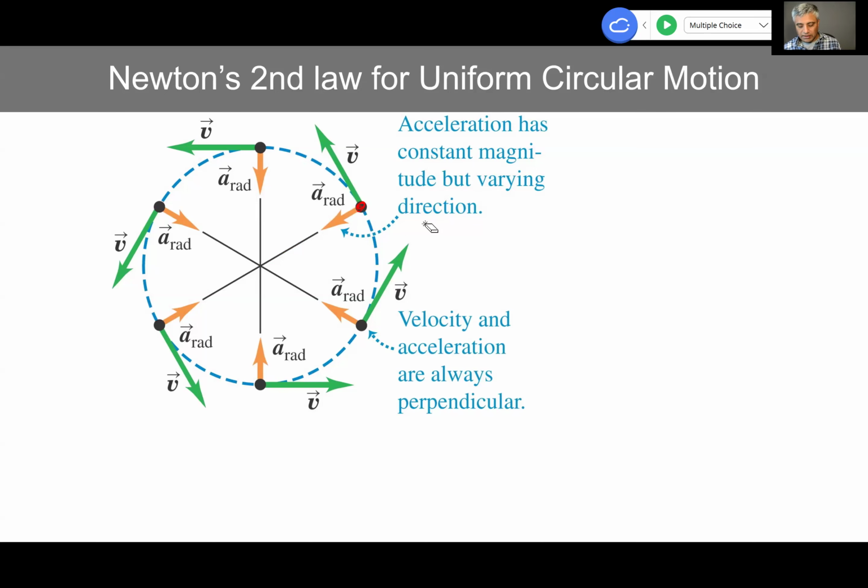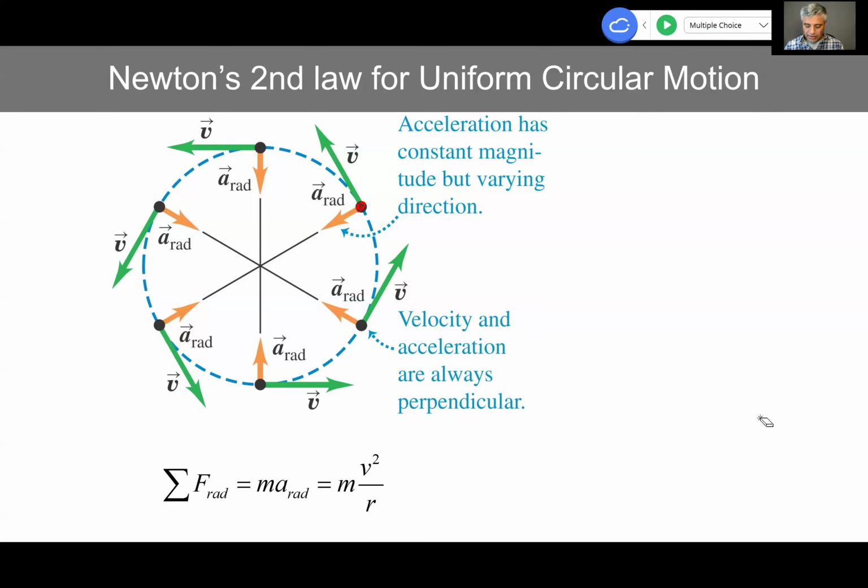But if the speed is changing, we can have radial acceleration and tangential acceleration. Tangential acceleration tells us how the speed is changing, and radial acceleration tells us why this thing is going in a circle.